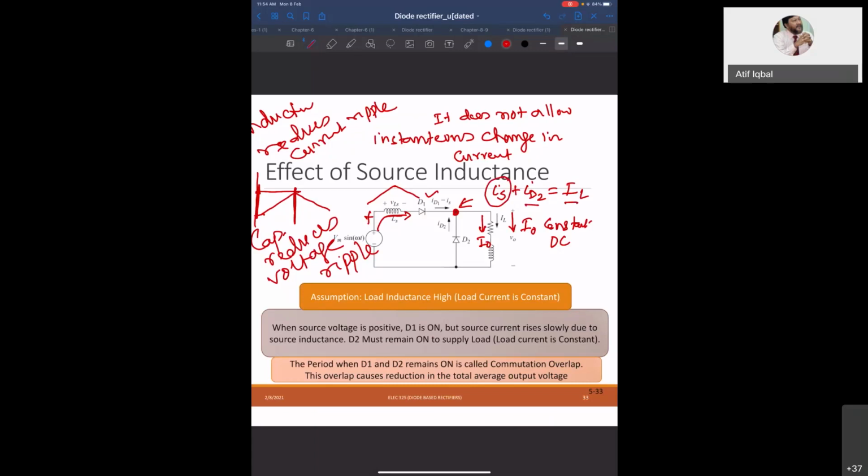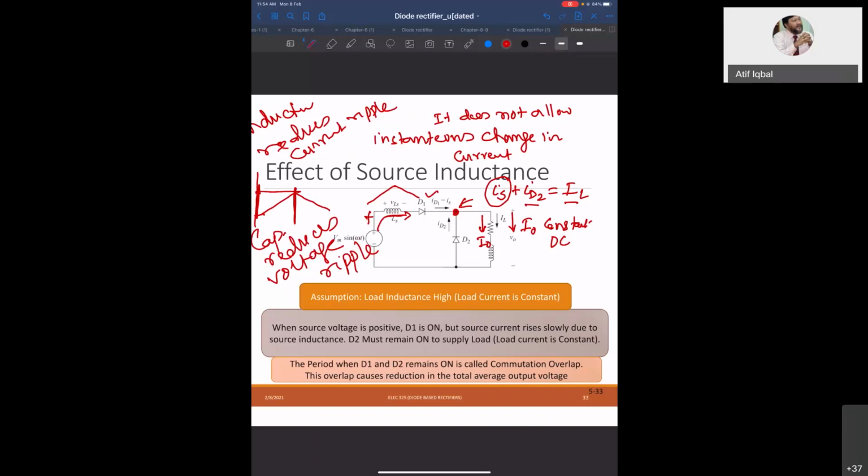So this is what is mentioned here: when the source voltage is positive, D1 is on, but the source current rises slowly due to the source inductance. So D2 must remain on to supply the load. The period when D1 and D2 remain on is called the commutation period or overlap period. This overlap causes a reduction in the total average output voltage. Understand?